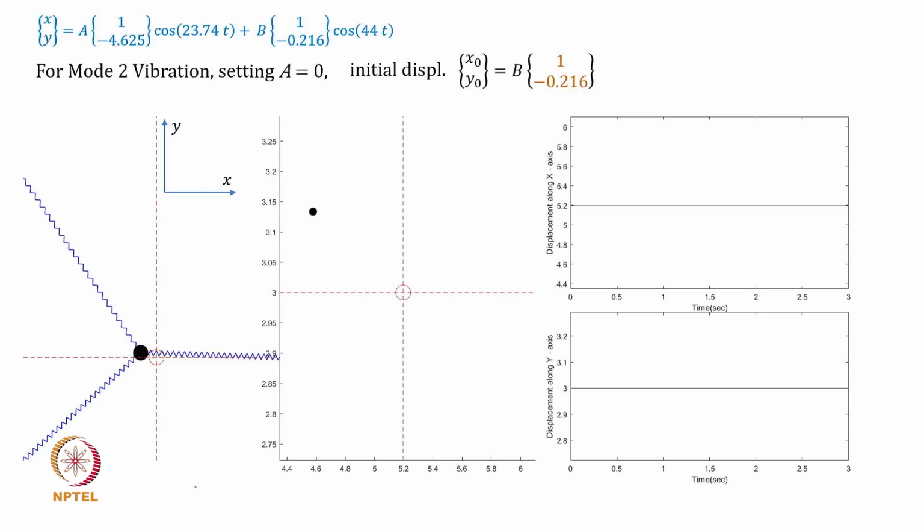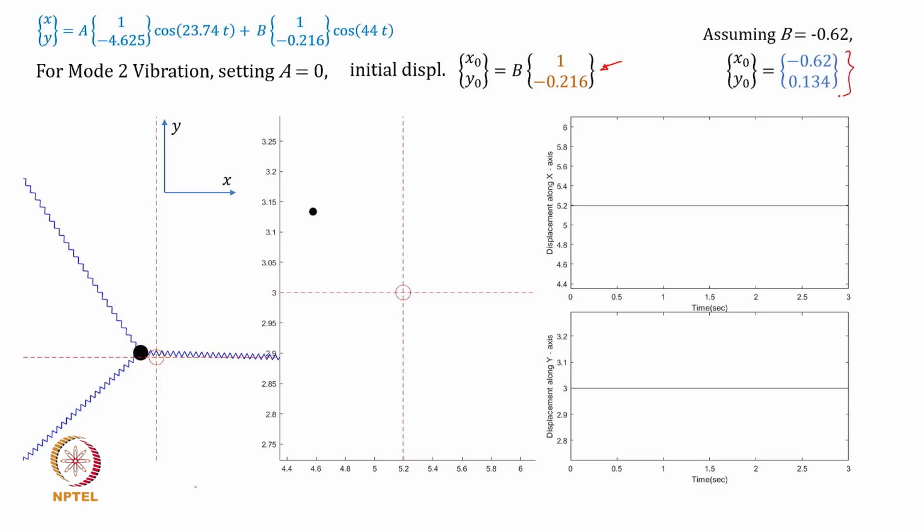So we can give the initial displacement here by giving x naught and y naught equal to b times this value, which is the case when t is equal to 0, cos 44t will become 1. So I can choose any arbitrary b value, and the initial displacement now turns out to be, if you multiply it with minus 0.62, this equation.